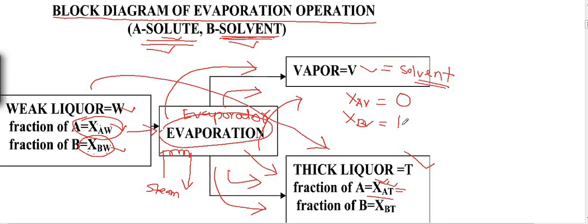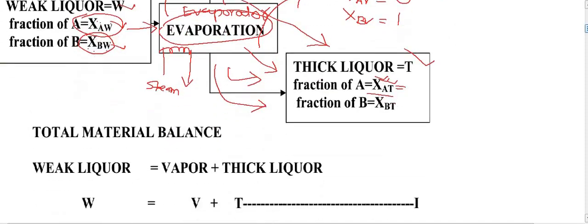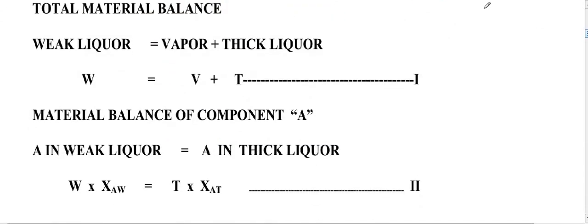With the help of these symbols, we will write the material balance equations. Our first is the TMB, the total material balance.